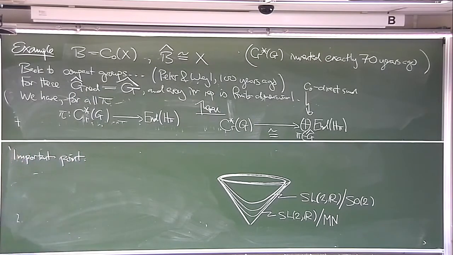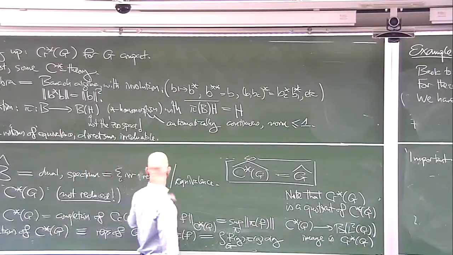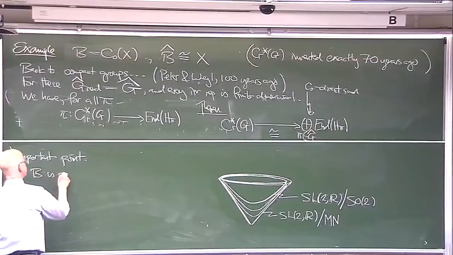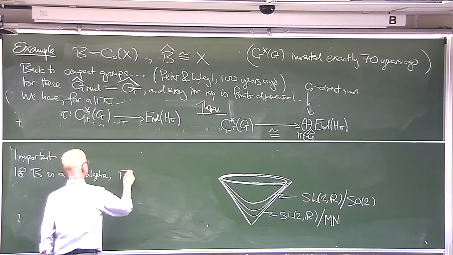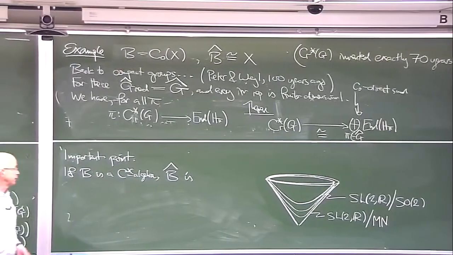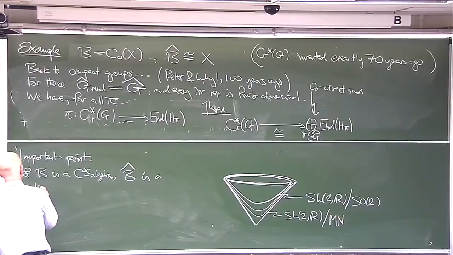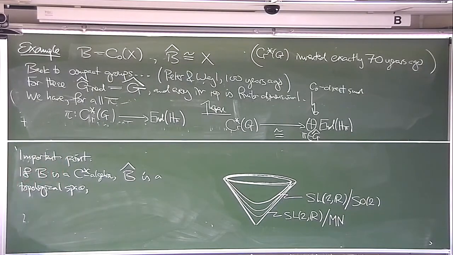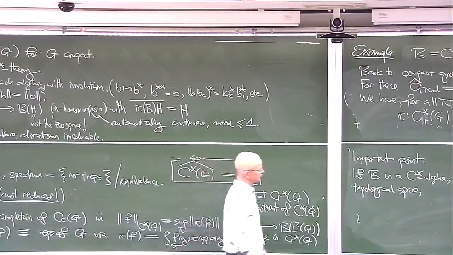There's an important point which I forgot to mention back here, which is that if B is a C-star algebra, then its spectrum is not just a set, it always carries a natural topology. And one of the nice things about C-star algebras is that there's a very simple way of describing this topology.